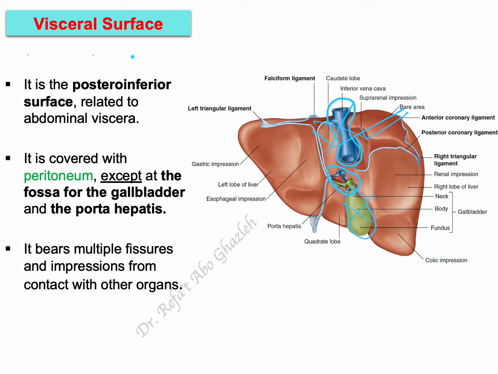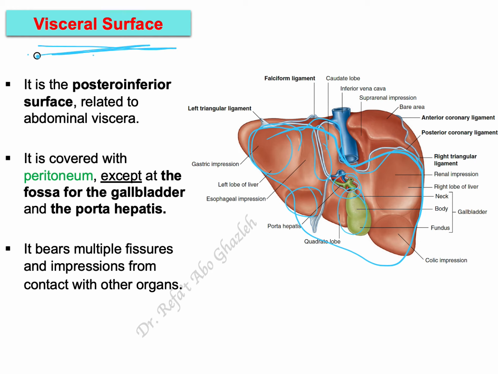And guys, if you need to watch more or know more about the fissures, impressions, and other structures seen at the visceral surface of the liver, please watch another video. I will make a separate video about the structures and impressions related to the visceral surface of the liver.